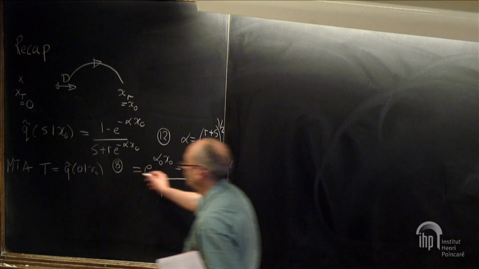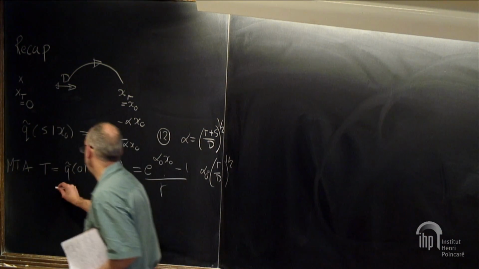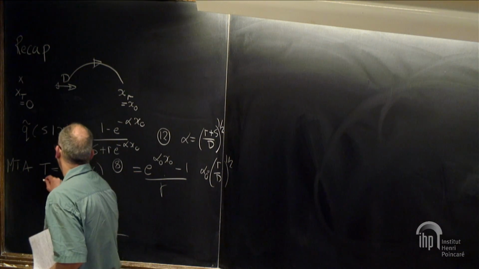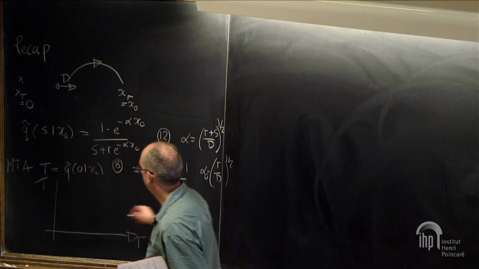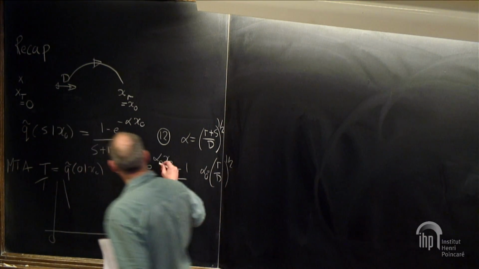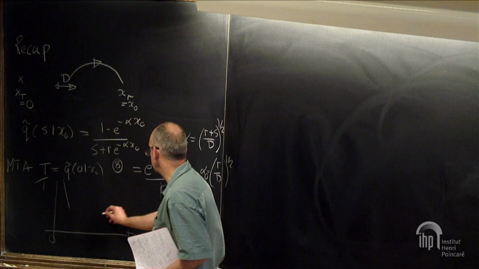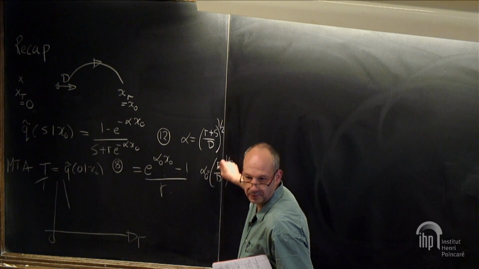And what we discussed last time is that this has a unique minimum as a function of r. It diverges when r goes to 0 as 1 over r. And it diverges when r goes to infinity as e to the r to the half.